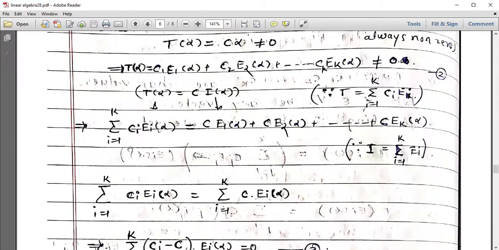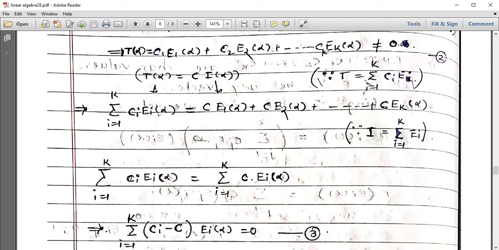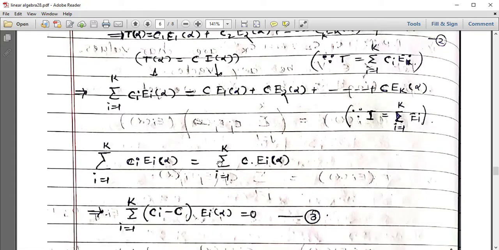Hence, summation i equal to 1 to k Ci into Ei of alpha is equal to C, which is common, times summation i equal to 1 to k Ei of alpha. Again, that implies, taking this to the left side, summation i equal to 1 to k of Ci minus C into Ei of alpha is equal to 0. Give it as equation number 3.